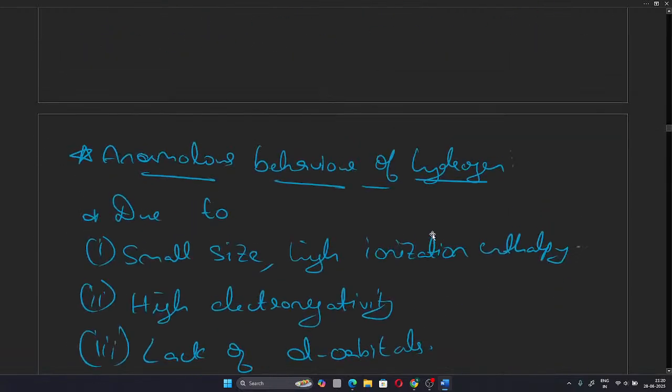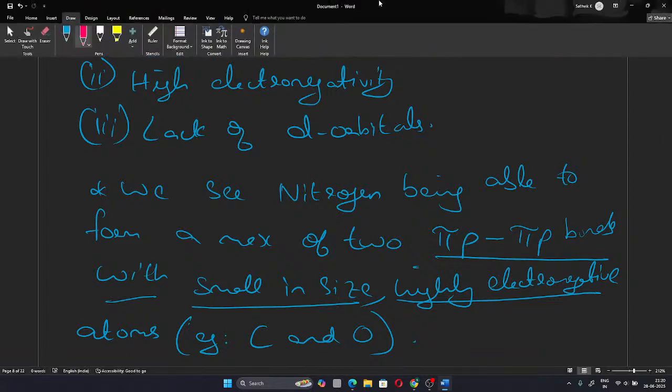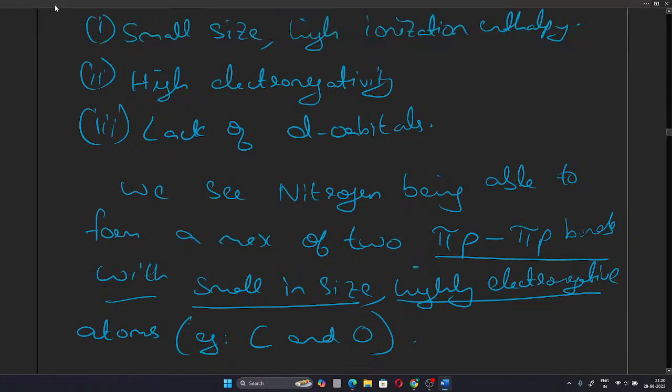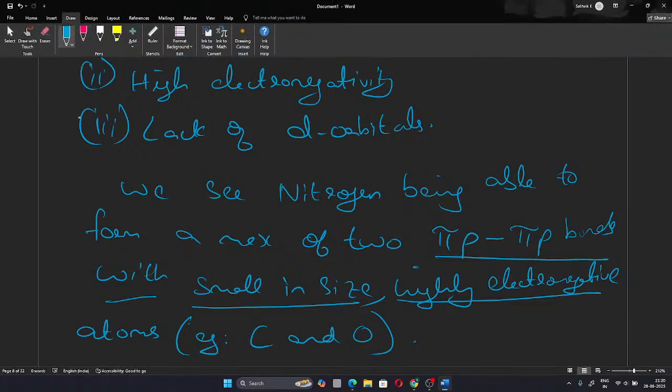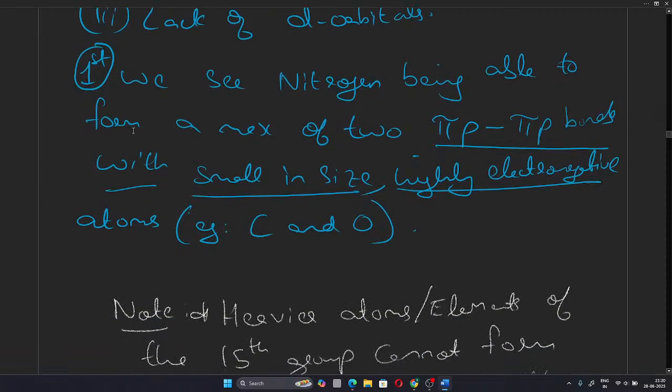The first anomalous property of nitrogen: let's continue.